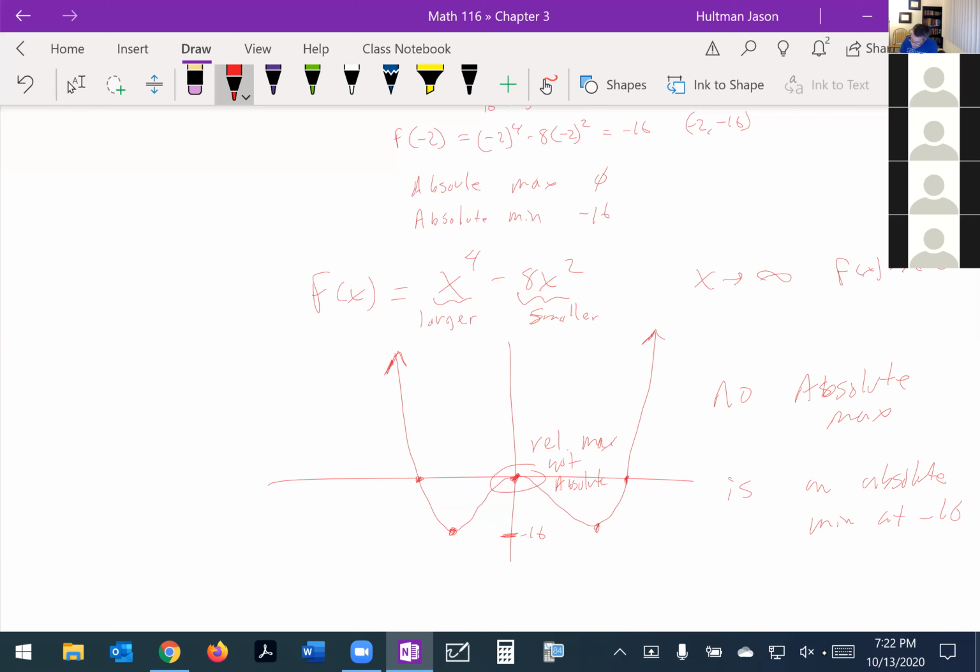These 2 points here were at the same height, which is negative 16. They're at the same value, and those are the minimum values. The minimum value was negative 16. So there's an absolute min at negative 16. There is no absolute max.